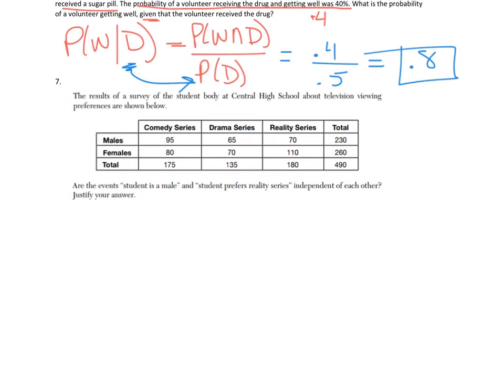Next question asks you to determine are the students being male and the students preferring reality TV shows independent. Justify. The way you justify is just showing your probabilities. Okay, so since I'm dealing with male and I'm dealing with reality series, I want to make sure I'm taking from those sections. So I'm going to do 70 over 230.